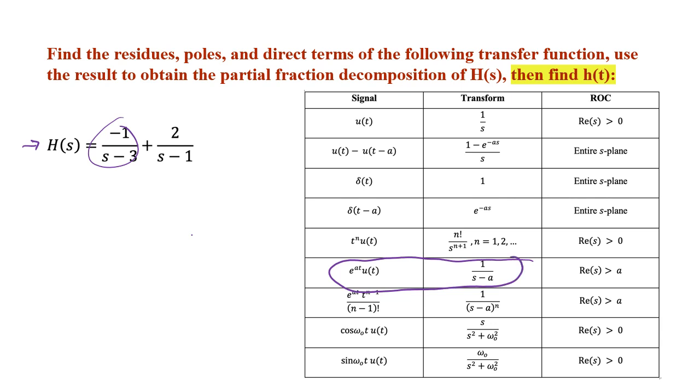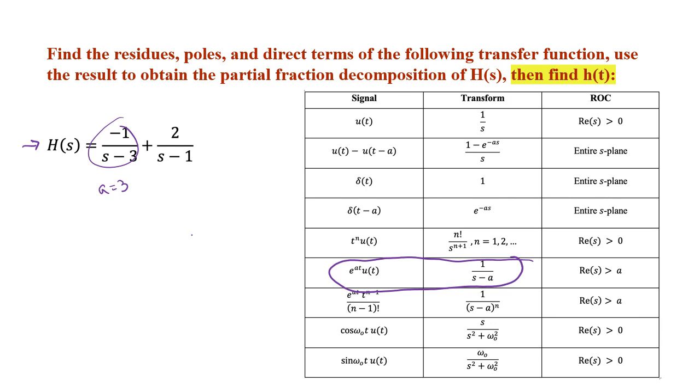And now our a in the partial fraction decomposition for this term is actually 3, right? So we can say that a is equal to 3, because in the denominator we have s minus a, and here we have s minus 3. That means a is equal to 3, right?